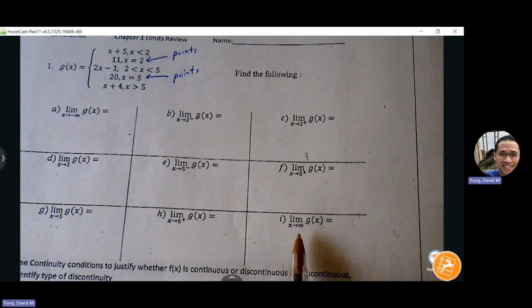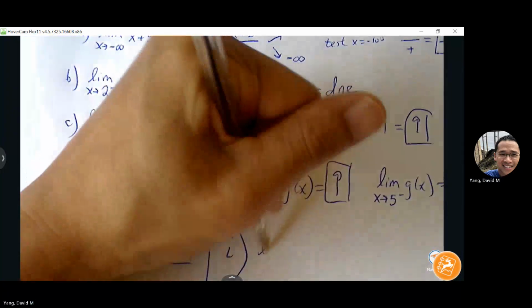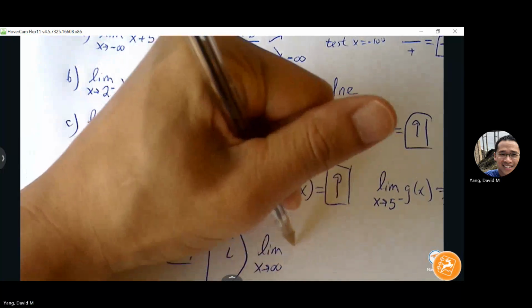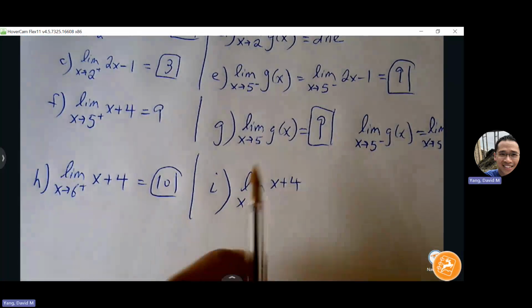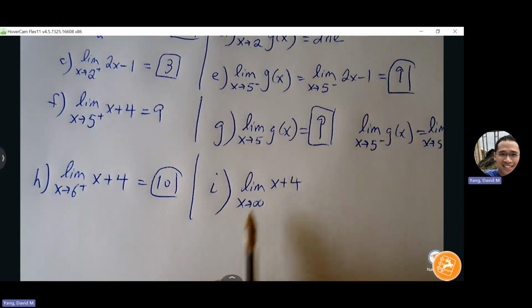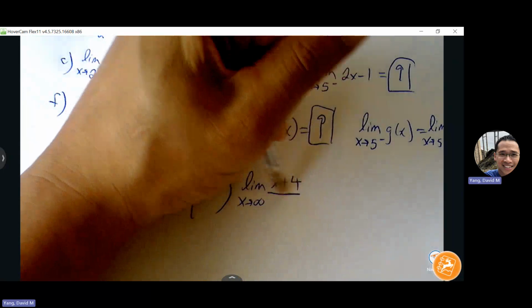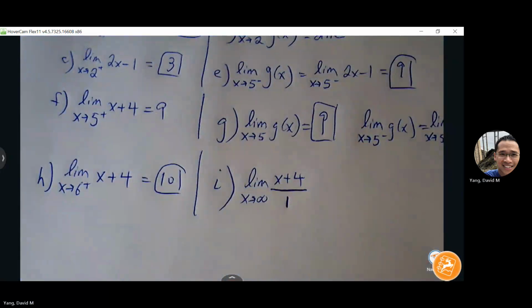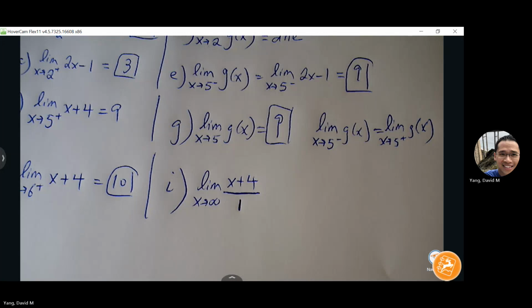Okay, limit as x approaches infinity. x plus 4. Good question: if it's infinity or negative infinity, we do what? Put it over 1 and compare degrees. If you don't see any degree in the denominator, you can always force a 1 there. There's an understood 1 there. Now we compare degrees, which has a higher degree? The numerator, right?